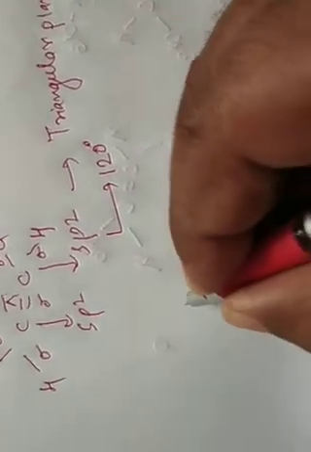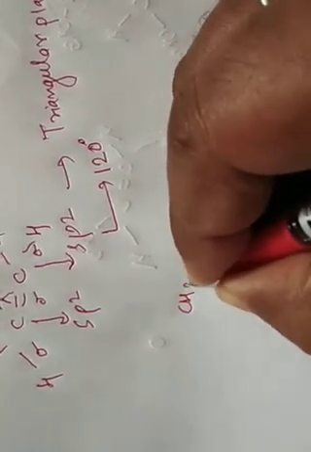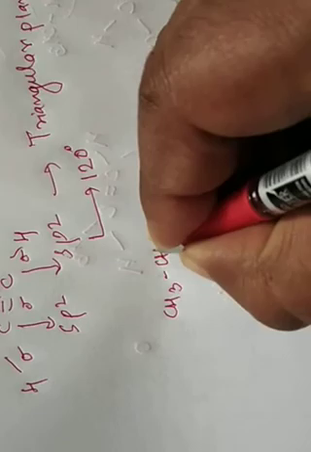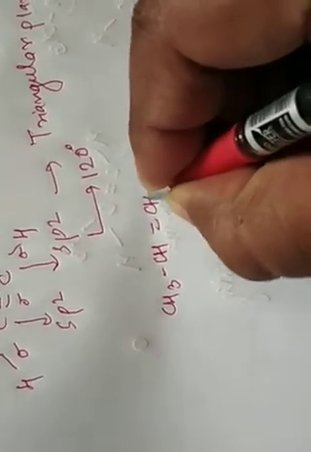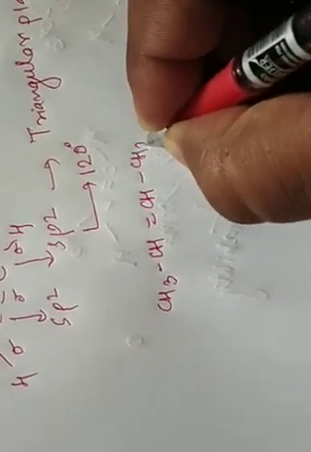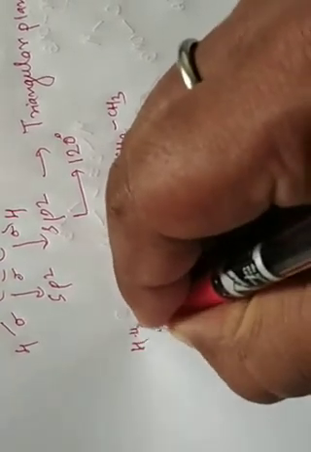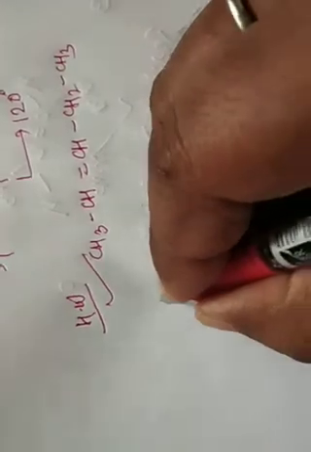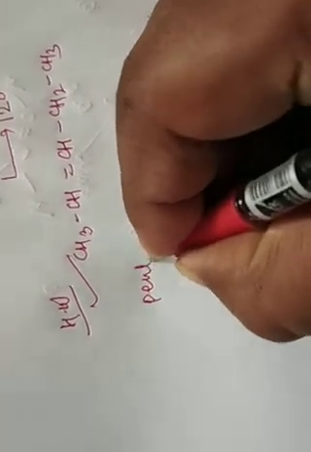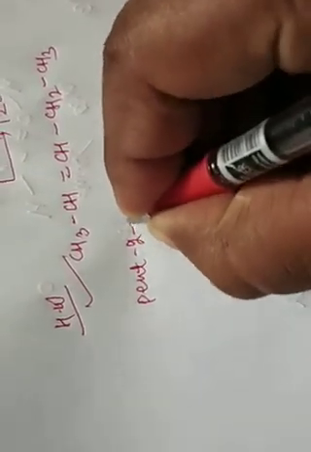Now suppose you have another structure: CH3, CH, double bond, CH, CH2 and then CH3. Just find out whether this type of structure shows geometrical isomerism. This is your homework. Now the next one, pent-2-ene. Does pent-2-ene show geometrical isomerism or not?